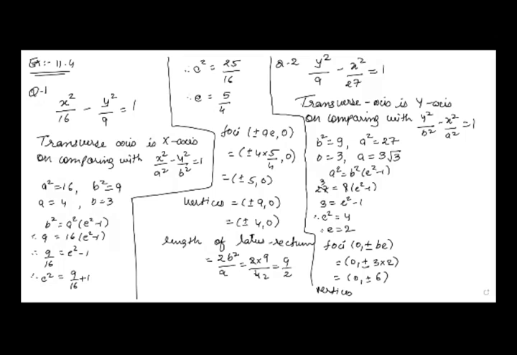Vertices, it is on 0 comma plus minus b. So 0 comma plus minus, the value of b is 3. So I got my value of eccentricity as 2, foci is on 0 comma plus minus 6, vertices are on 0 comma plus minus 3, and the last is length of latus rectum.